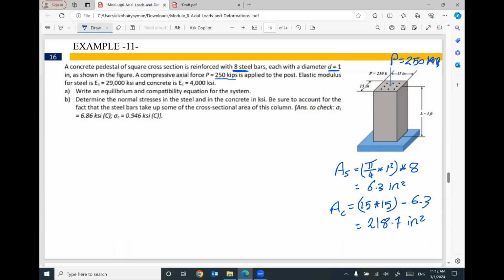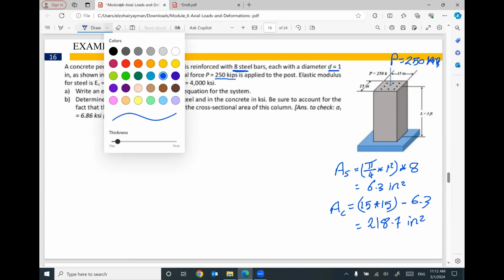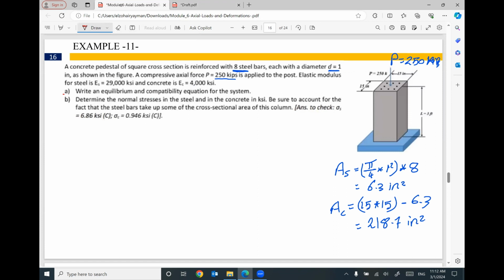So I can say part of this force will be supported by concrete. The second part will be supported by steel. The summation of the two parts must equal 150 kip. And this is equation number 1.